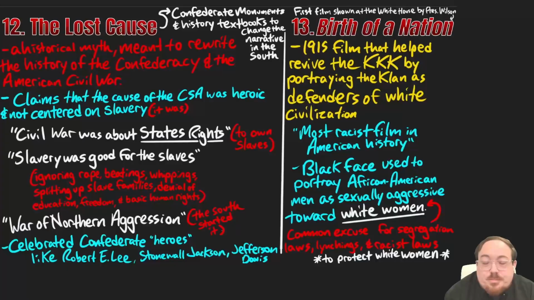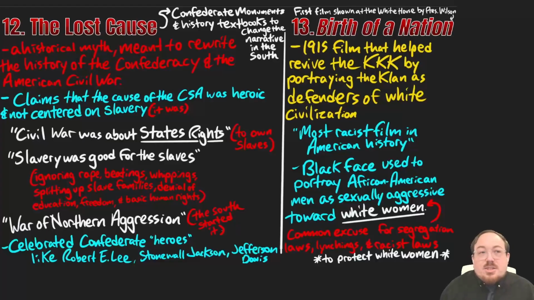These are women whose husbands, brothers, fathers, and sons died in the Civil War. And they will begin erecting monuments, and they will even go on to write history textbooks that try to rewrite the Civil War as something not about slavery, but about something else. And they try to make it more heroic.